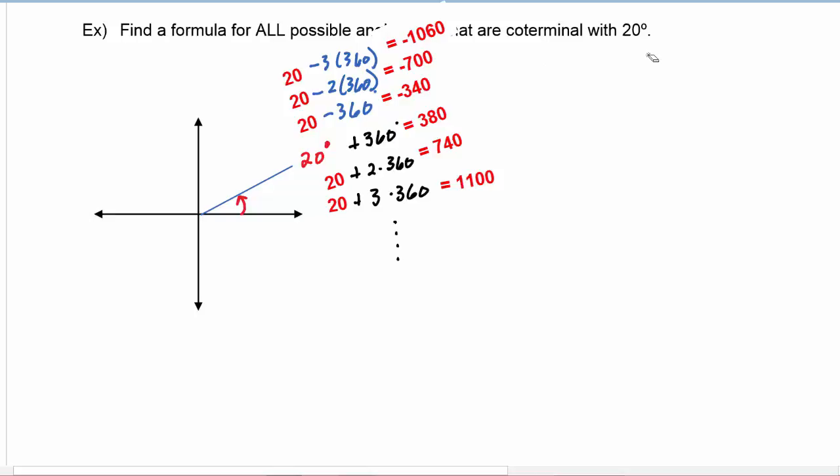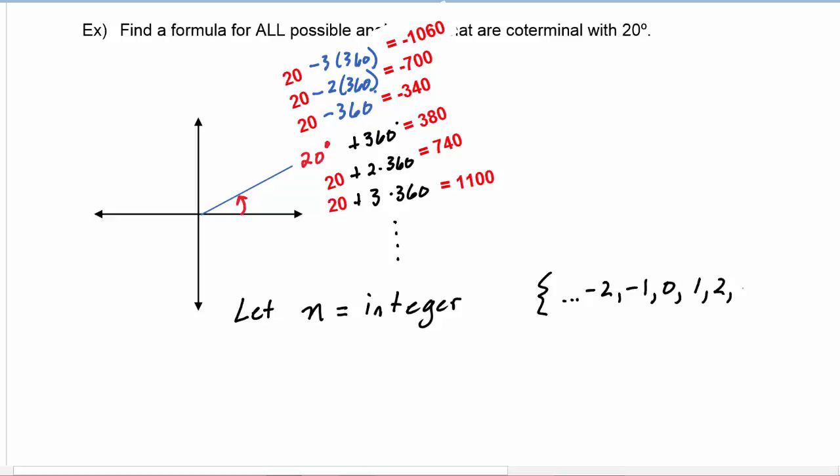So we know we can't list them all since there are infinitely many, so we have to come up with a formula. We're going to let n equal an integer, and that's what all these coefficients are. So remember, the integers: dot, dot, dot, negative 2, negative 1, 0, 1, 2, dot, dot, dot.